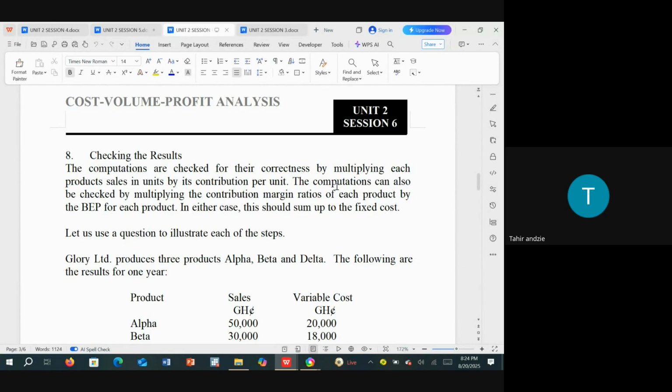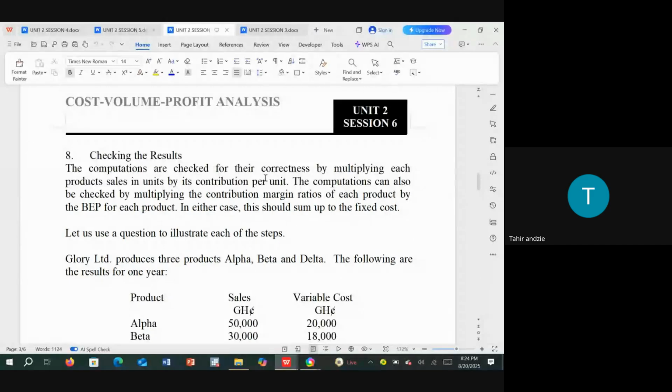Now, the computation can also be checked by multiplying the contribution margin ratio of each product by the break-even sales for each product. In either case, this should sum up to the fixed cost, of course, because we need contribution at the break-even point to cover fixed cost.